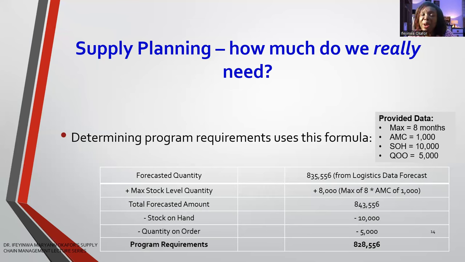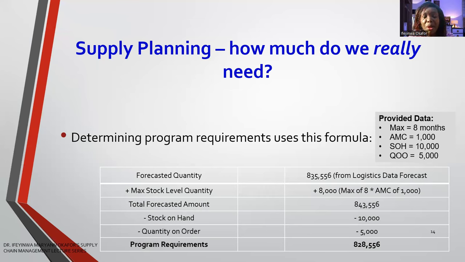The information provided for us from our logistic management information system: maximum stock level, we have 8 months. Average monthly consumption, we have 1,000. Stock on hand, we have 10,000. Quantity on order, we have 5,000. So our forecasted quantity from our previous forecasting is 835,556.